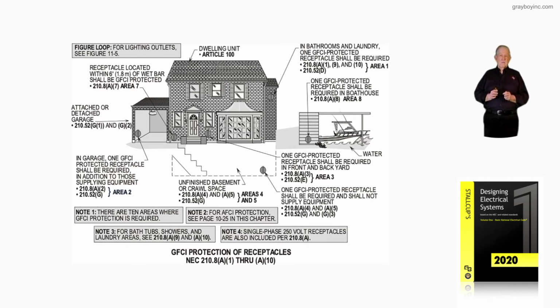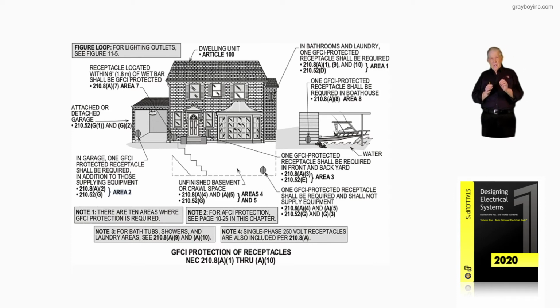Now if we start reviewing the requirements, let's go to the right hand side, and we'll have area 1 listed at the top right of the illustration. In bathrooms and laundries, one GFCI protected receptacle should be required in accordance with the requirements listed in 210.8(A)(1), (9), and (10).